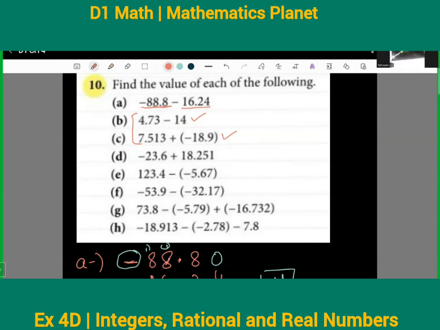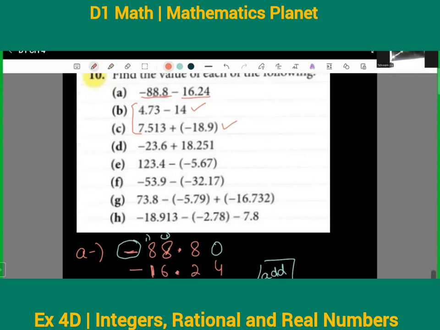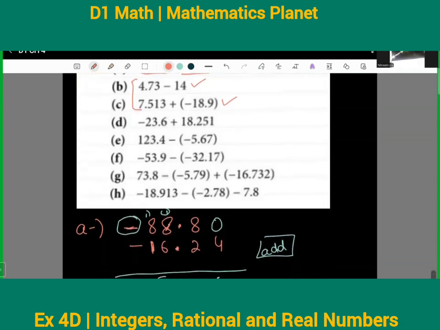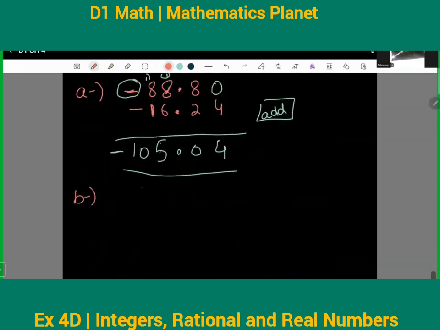Have you all done B and C, both of the parts? No, Miss, I am doing. Okay, so B part is 4.73 minus 14. So we need to put decimal over decimal. 14 has no decimal, so we can put a decimal at the end and there will be two zeros.